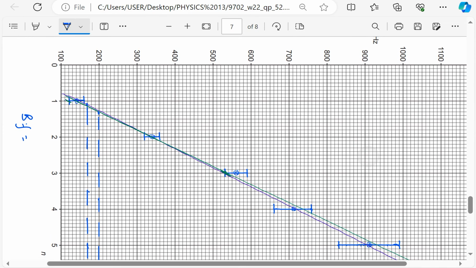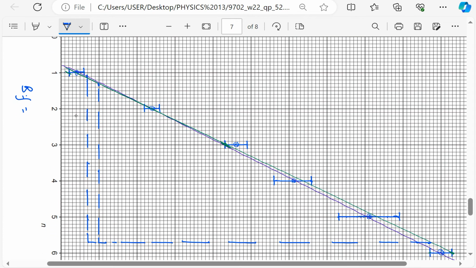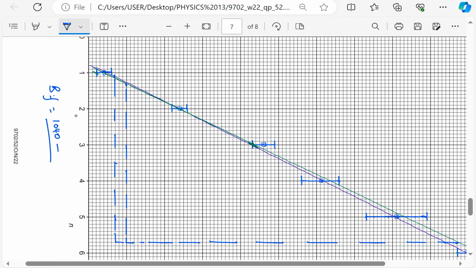This is 1000, so it is 1000, 10, 20, 30, 40. So it is 1040 minus the x value corresponding to blue. This value here is 5.7 minus the x value corresponding to blue here is 1.1.